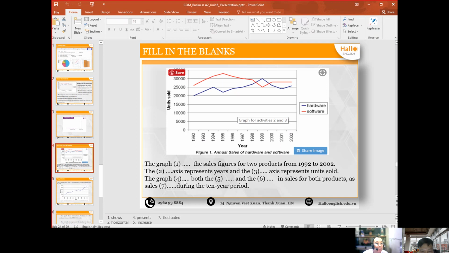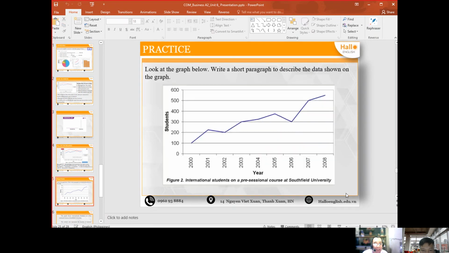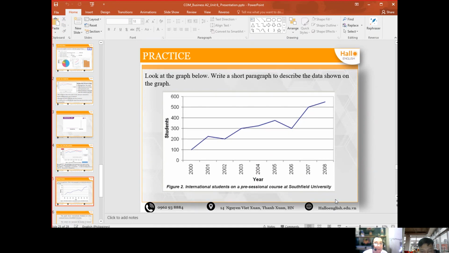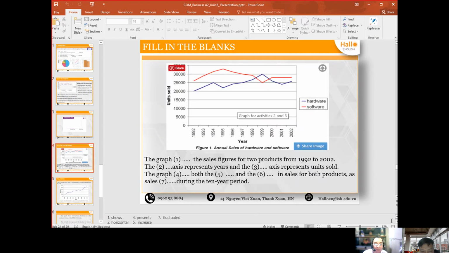The graph presents both the hardware and the software increase, both the increase and the decrease, or fluctuated, or fluctuating in sales, or decrease in sales for both products.